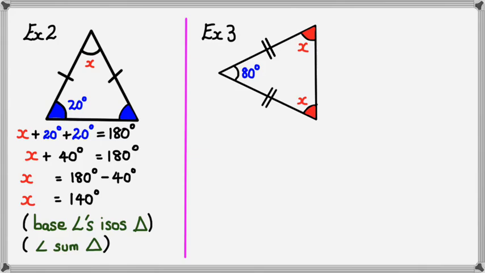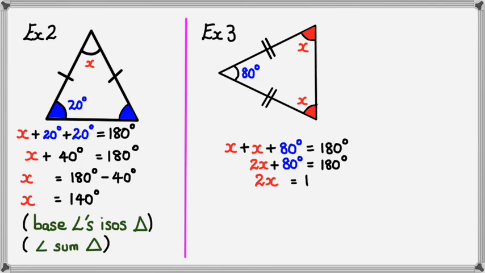We can use the sum of angles in a triangle, which equals 180 degrees. So we can write x plus x plus 80 degrees equals 180 degrees. Simplifying, we get 2x plus 80 degrees is 180 degrees.